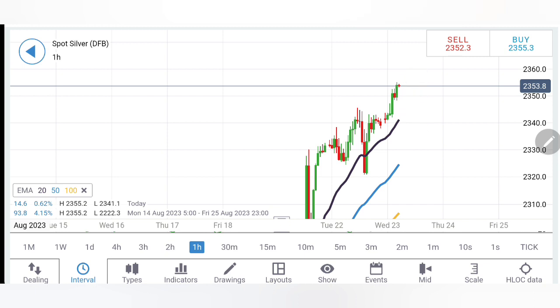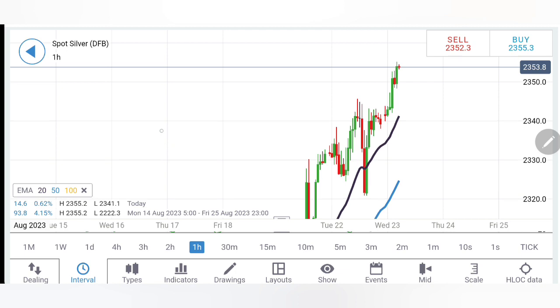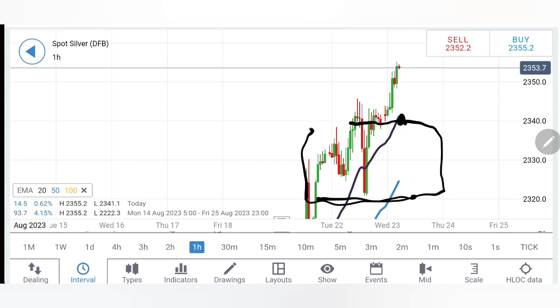But the thing is, it is divergent from the 20-50 period moving average on the hourly charts, and hence a possible retracement. Now you know that 2340 was the earlier resistance. It is going to be the support, and then 2320. This is going to be the support zone for silver here. This is a very crucial zone now for silver.